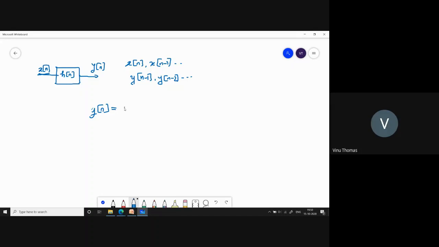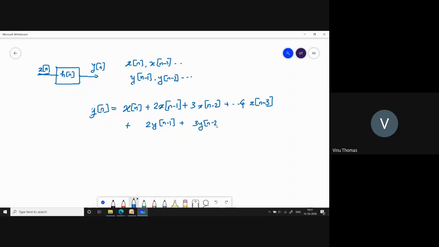Maybe I can write this as x of n plus 2x of n minus 1 plus 3x of n minus 2 plus 4x of n minus 3, instead of these dotted lines, plus 2y of n minus 1 plus 3y of n minus 2.